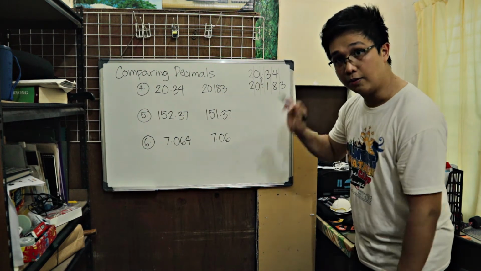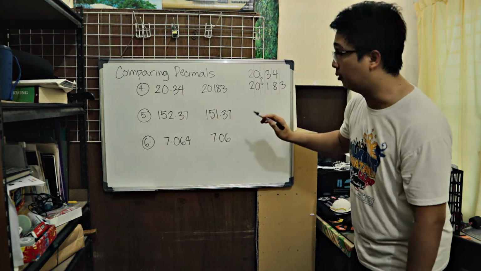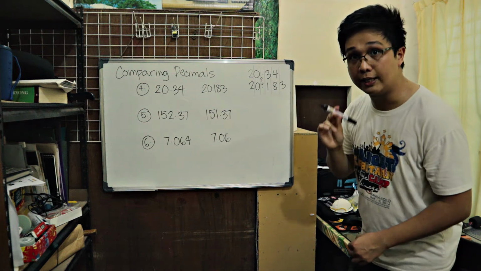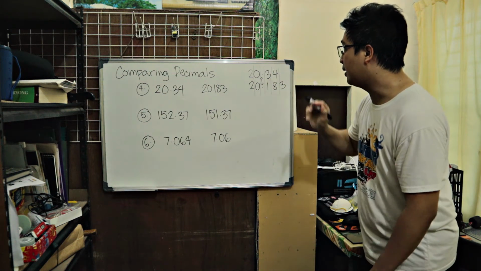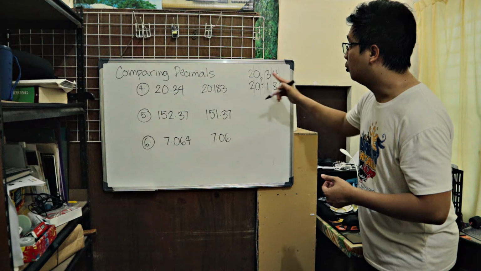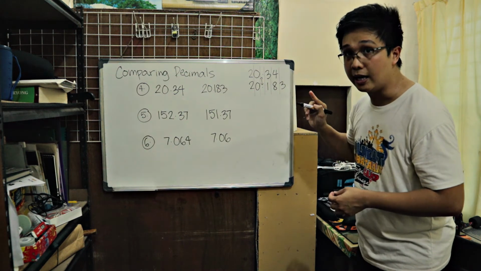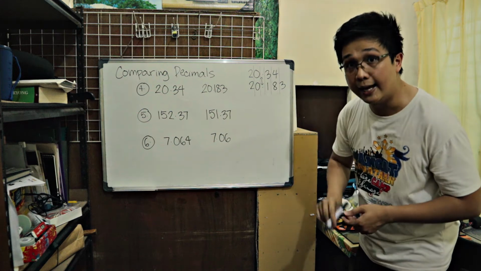Let's compare. 2 and 2, they are the same. So wala sa mas dako. 0 and 0, still the same, decimal point. 3 and 1, sin-o mas dako? 3 is greater than 1. So meaning, 20 and 34 hundredths is actually greater than 20 and 183 thousandths.